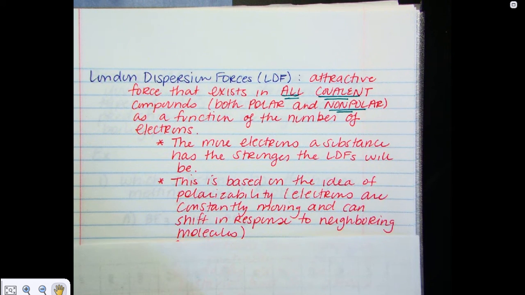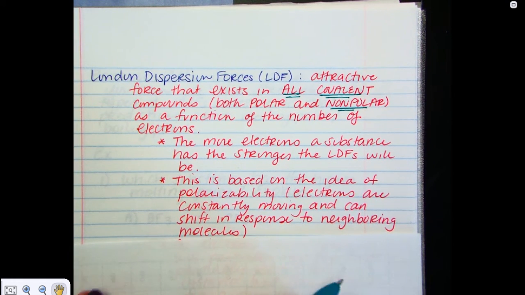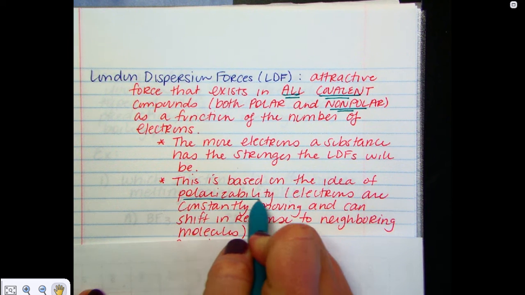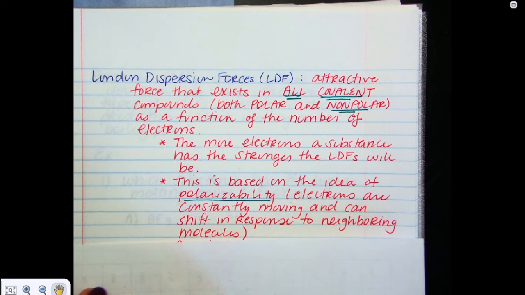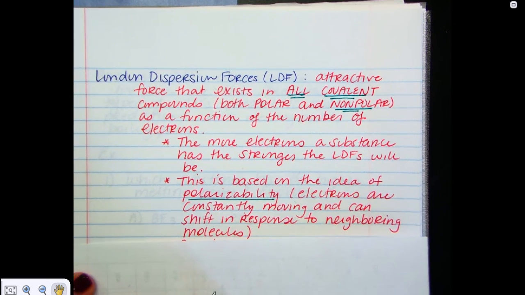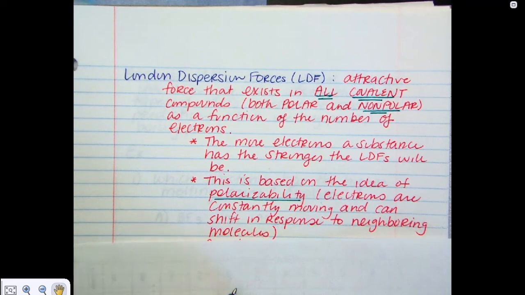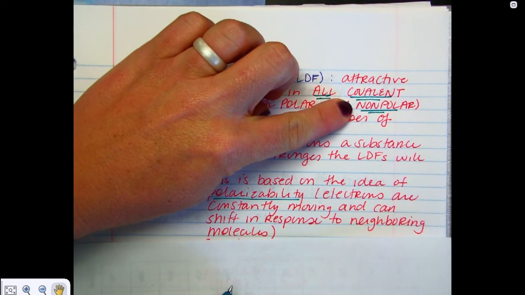So this London dispersion force is based on the idea that electrons are constantly moving and can shift in response to neighboring molecules. That's called being polarizable, or polarizability, meaning I have something that doesn't necessarily have its own poles. It's not polar. It's in fact nonpolar.